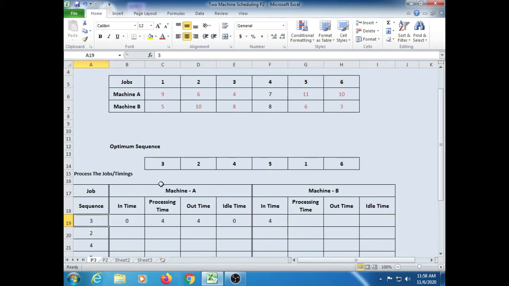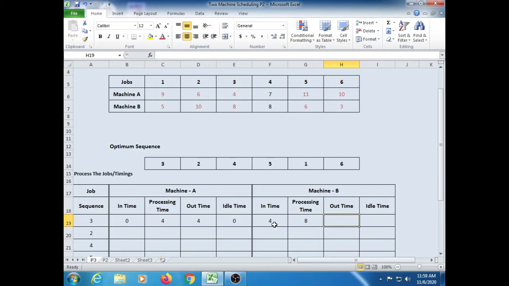The third job. The processing time for machine B is 8. So 4 we have taken here, and 8 we have to take here, because this is where we are processing the job on machine B.